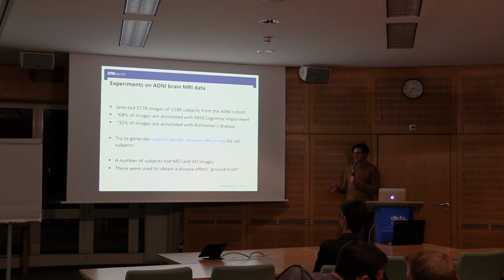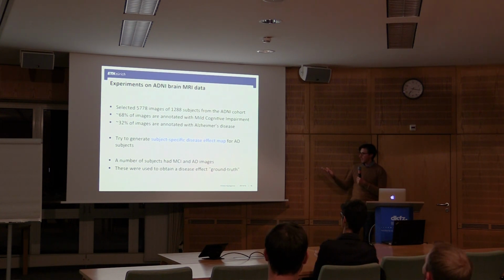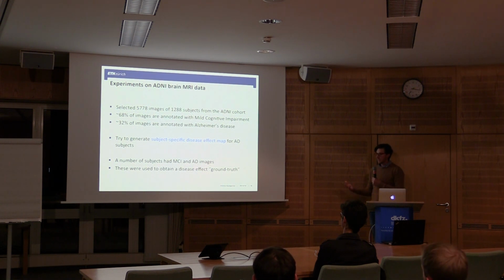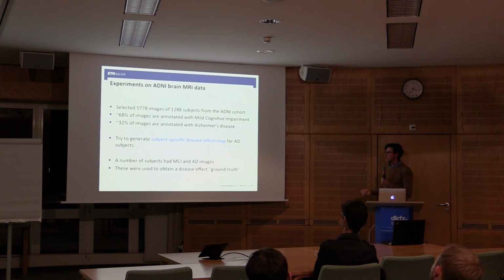A part of them had mild cognitive impairment, which is like a precursor to Alzheimer's disease, and a third of the patients had Alzheimer's disease. And so as I said, the objective is to generate a subject-specific disease map for a person with Alzheimer's, highlighting which regions of this specific patient have been affected by Alzheimer's disease.